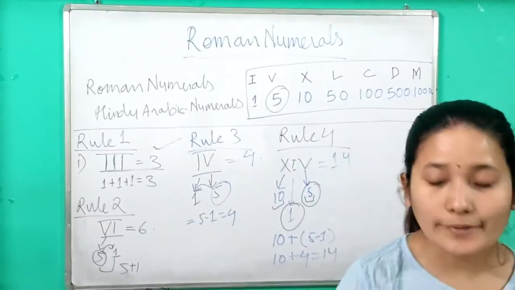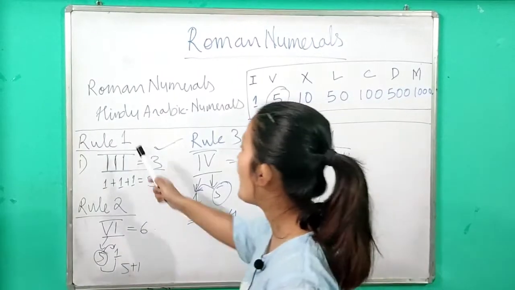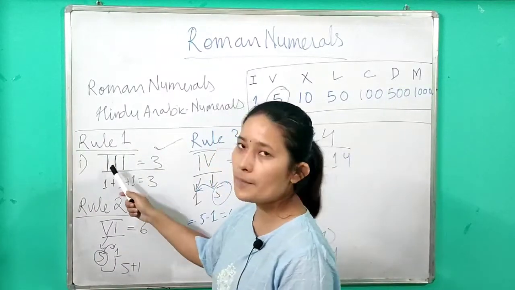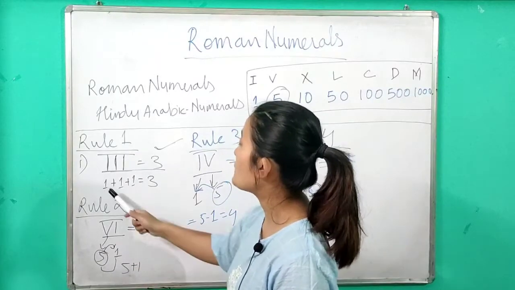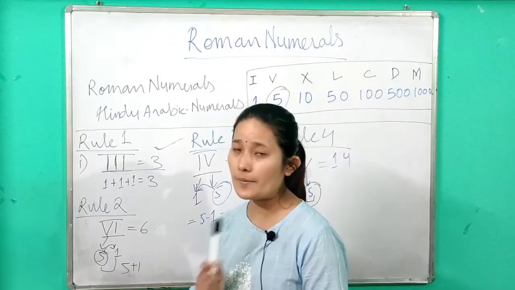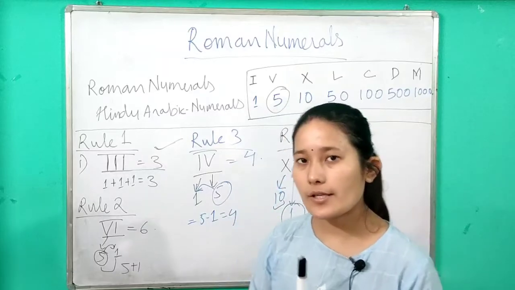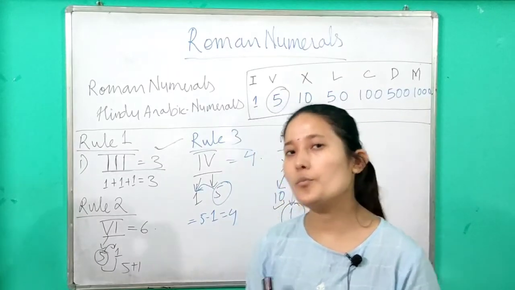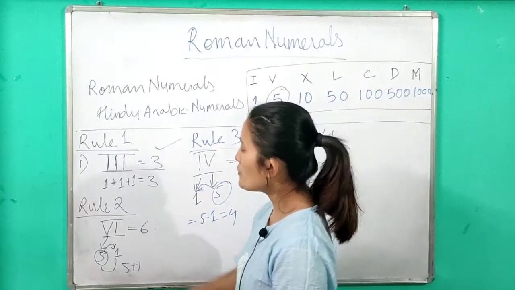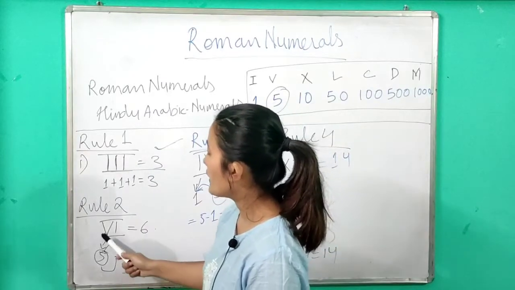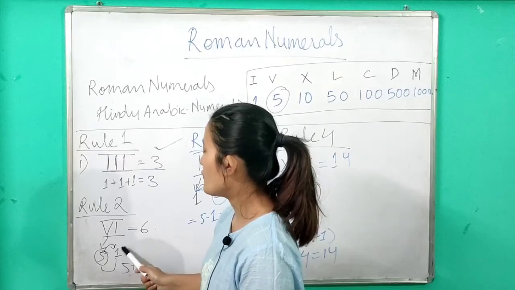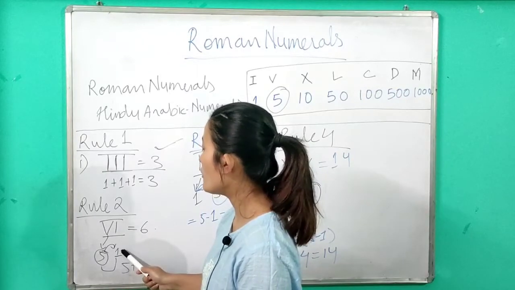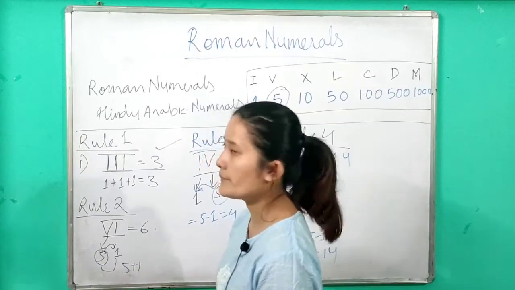Rule number 1 says if you have the same symbol repeated, you have to add up all those numbers, and remember, any symbol can be repeated only 3 times, not more than that. Rule number 2 says if you have a greater value, and after the greater value you have a smaller value, then the smaller and greater values should be added.